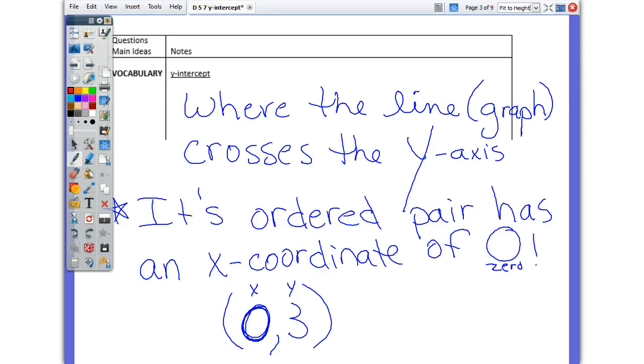5.7, Y-intercept. What that means is on a graph, where the line crosses the y-axis. So on a graph, you have your y-axis.